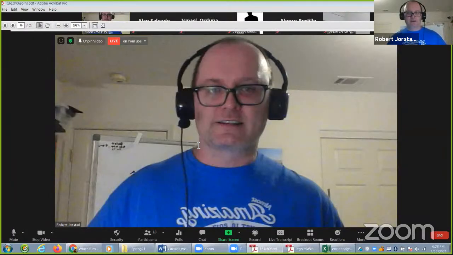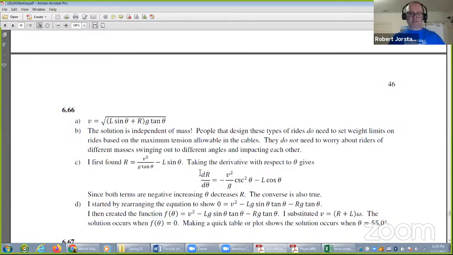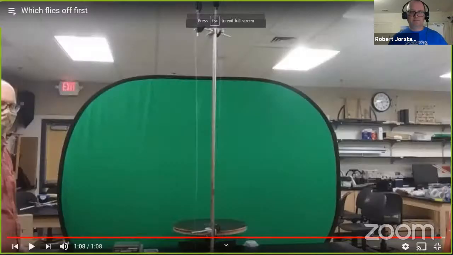All right, anyways, look at this crazy result. I was trying to figure this out, but notice what doesn't matter in this equation. Mass. The mass doesn't matter. And that was what we were kind of looking for. So let me see if I can find it now.